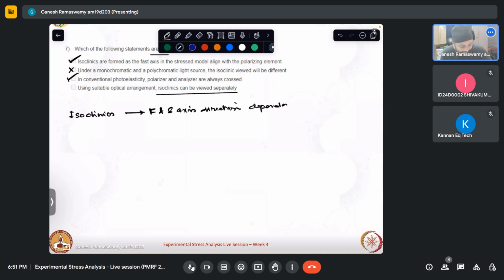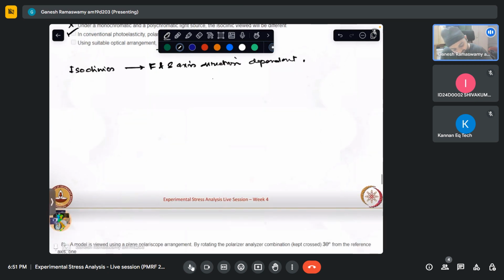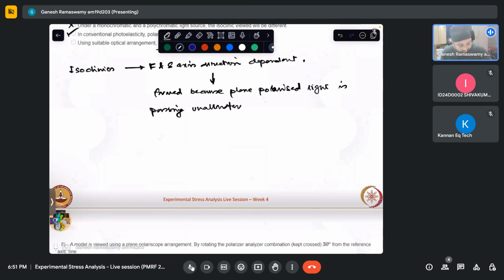And this is getting formed because plane polarized light is passing unaltered through the point of interest.